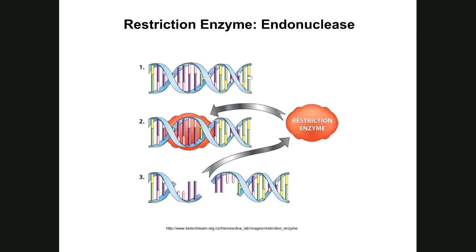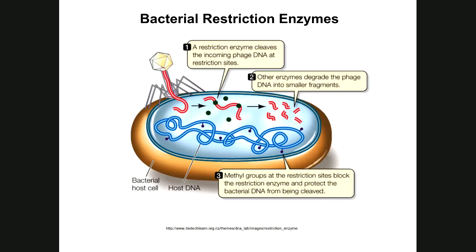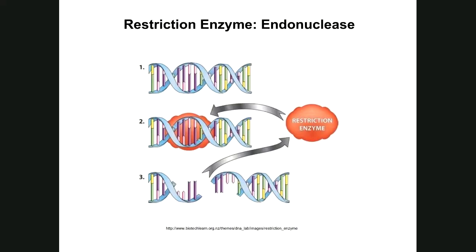They cut DNA from within the double-stranded helix, so it doesn't matter if the DNA is linear, such as I showed you over here for the viral DNA, or circular. If that DNA doesn't have methyl groups attached to it, the endonucleases will go within the DNA sequence, look at the base pairs, look for a certain combination of bases, and grab on to it.